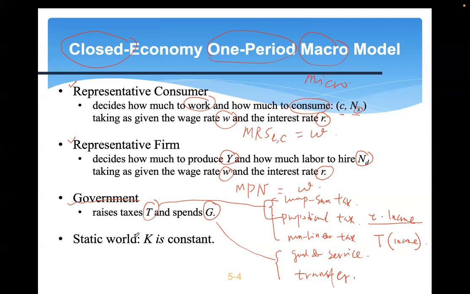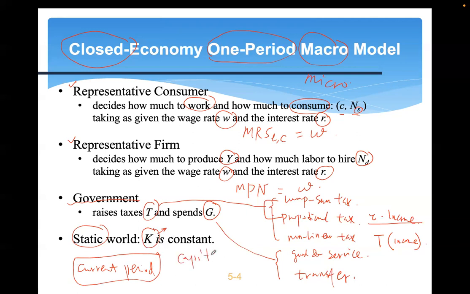Now, finally, to close this model, I want to emphasize we are in a static world. Static means you are looking at the current period only. There's no today, tomorrow, there's only today. So in that sense, K is going to be constant. In the future, we're going to study where K comes from. K essentially is capital.